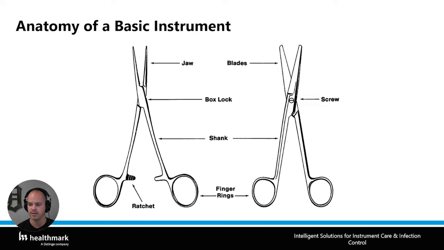So that's really the main difference in the size of the instrument. You shouldn't necessarily see a difference in the jaw size or blade size, with the exception of things like vascular instruments or micro instruments, which sometimes have smaller blades and smaller jaws.